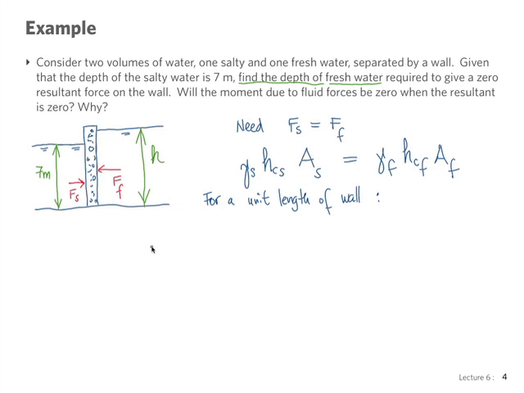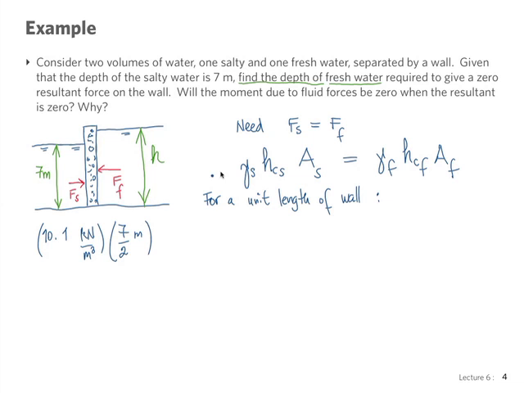We have to look up the gamma of salty water and the gamma of fresh water from some table in the back of the book or something, and I've already done that. So we have 10.1 kilonewton divided by cubic meter for salty water, and the centroid for a rectangle is just the midway point. It's just the geometric center, and so it's 7/2 of a meter in the vertical direction.